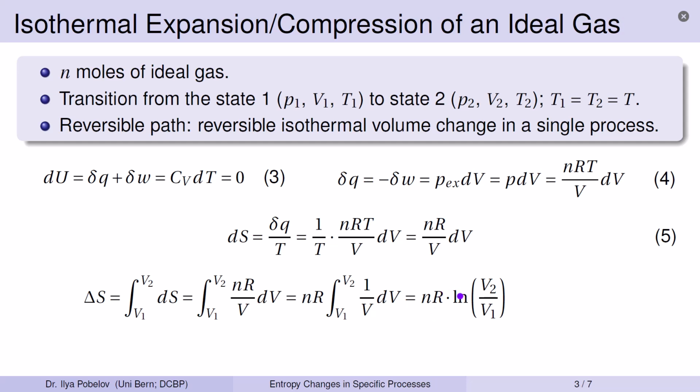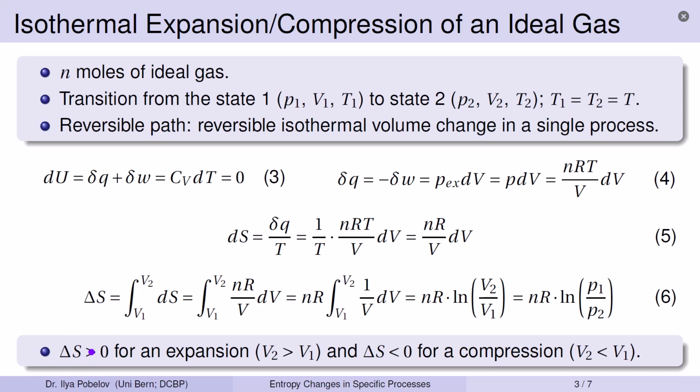After the integration, we obtain the following expression: nR times the logarithm of V2 over V1, or nR times the logarithm of P1 over P2. Note that the entropy change is positive for an expansion and negative for a compression.